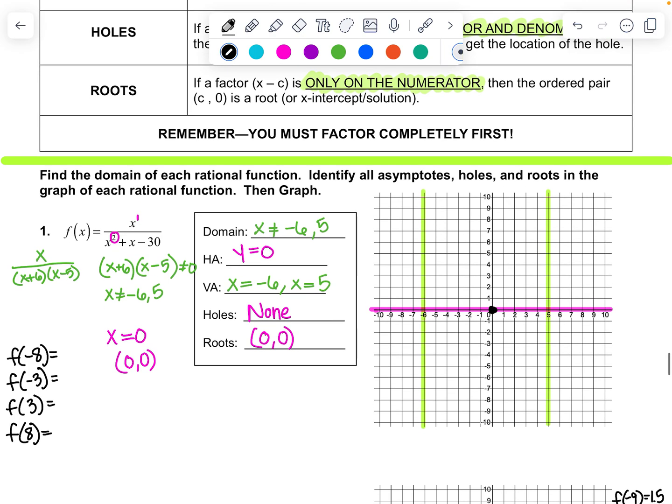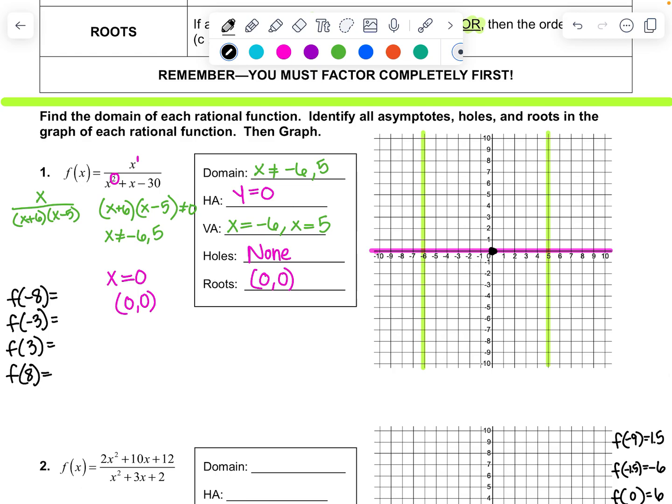I have chosen some points off to the side here to plug into my function. I am choosing f of negative 8, negative 3, positive 3, and positive 8, so I can get some points and figure out the shape of my graph. I just typed these into my calculator and I have some different values here. You don't have to be super precise on your decimals because we won't be able to graph that precisely, but it will be helpful to have a general idea.